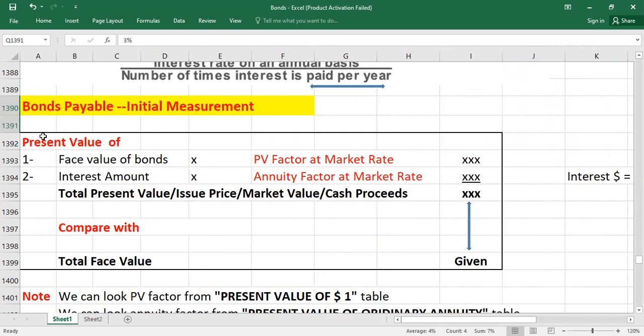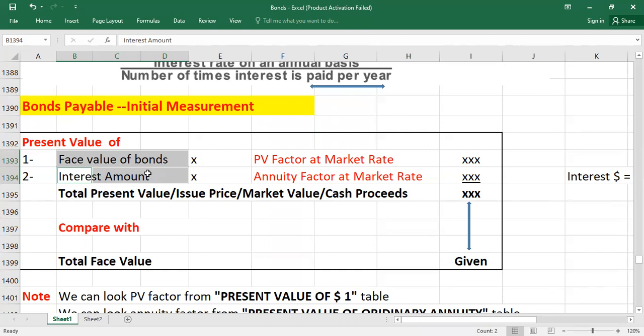Simply, you will take the present value of future cash flows associated with the bonds, and we will discount them back to present values. The future cash flows are the face value of the bonds which will be redeemed by the company at the maturity date, plus the interest the company will pay after every 6 months.